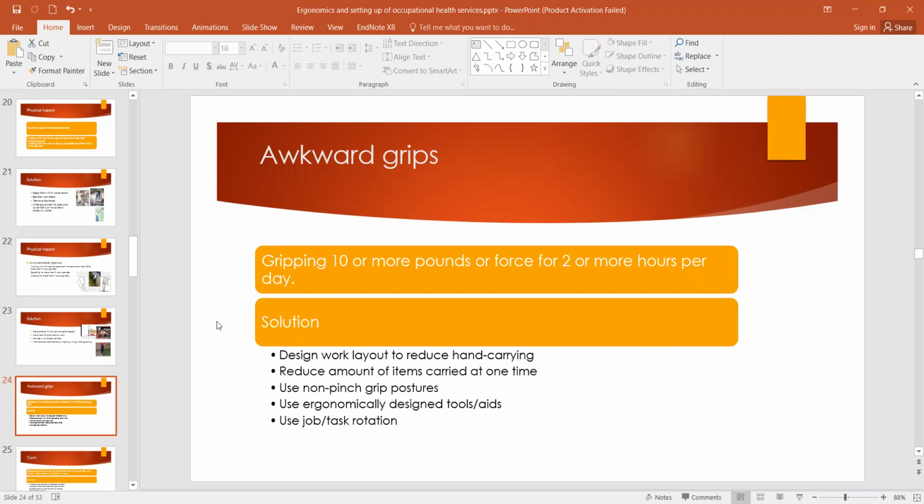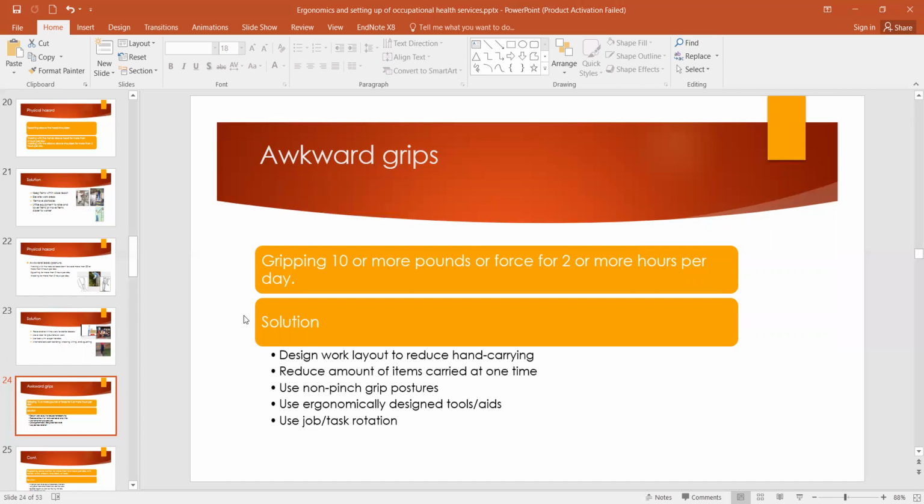There are many occupations in which workers grip many products for more than 2 hours. Gripping 10 or more pounds of force for 2 or more hours per day creates a chance of injuries.